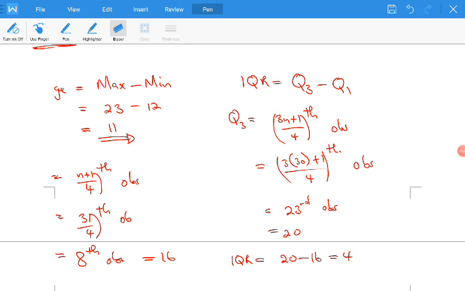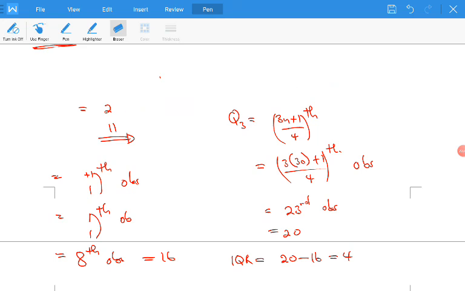Let me erase this to create some space, so that we calculate the variance and the standard deviation.